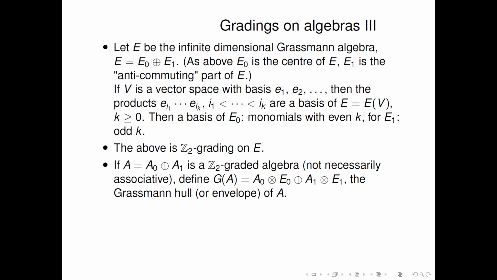And this is clearly a Z2 grading. Then you take a Z2 graded algebra A. You define the Grassmann envelope of A in this way.